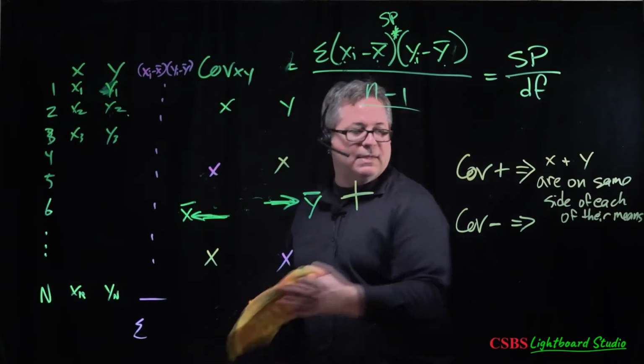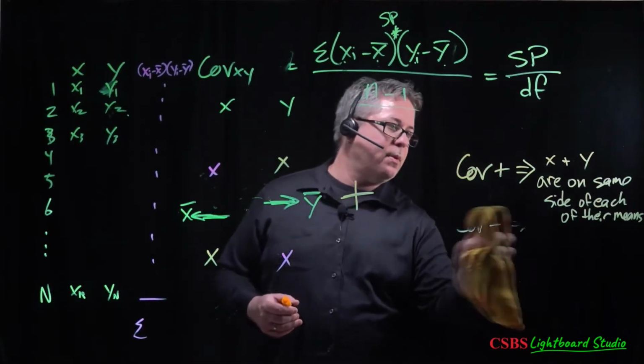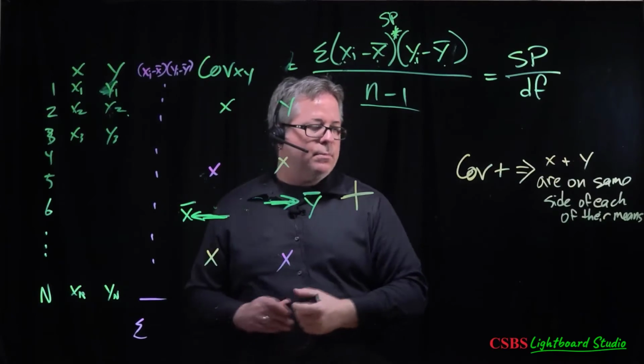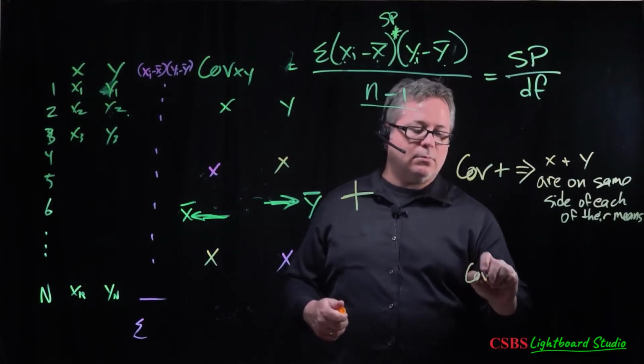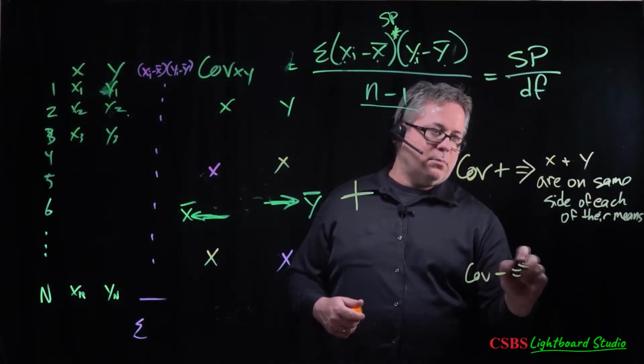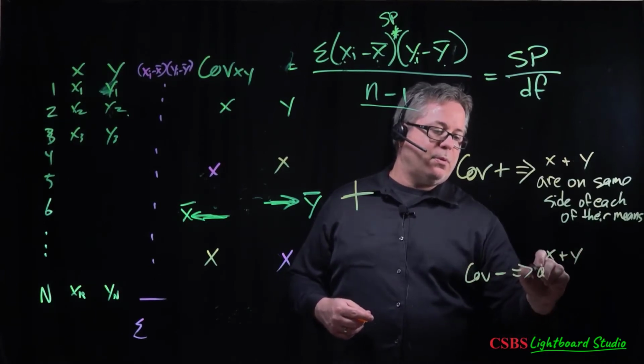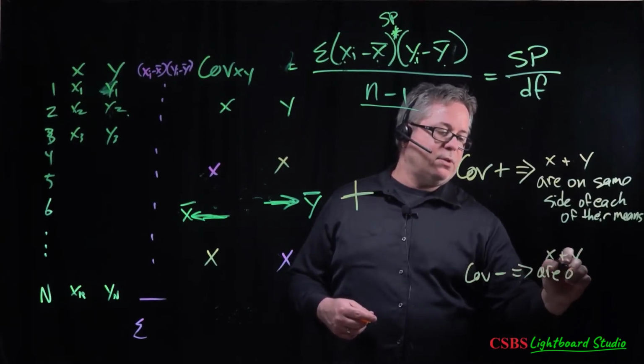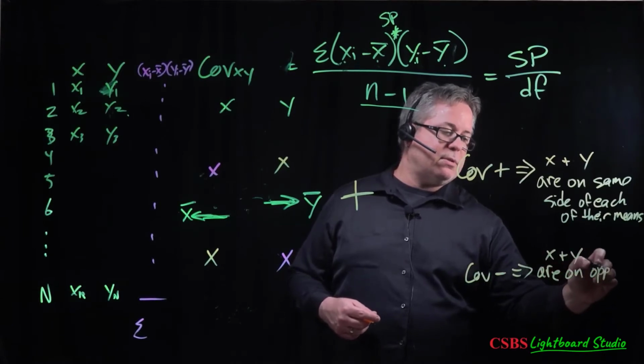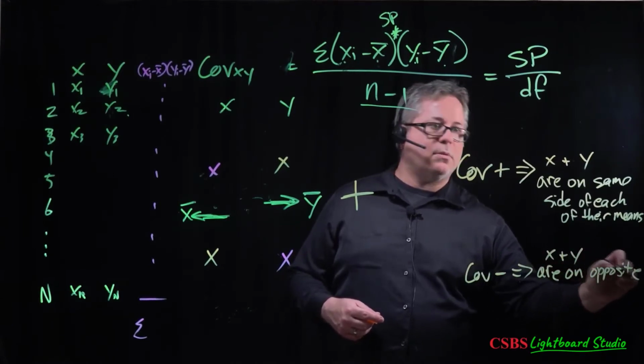If a covariance is negative, then x and y are generally, at least on average, on opposite sides.